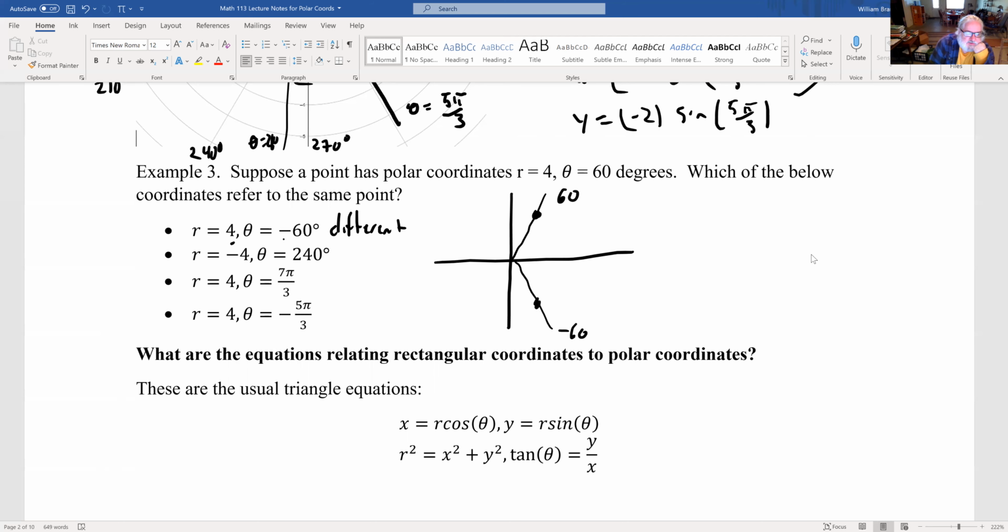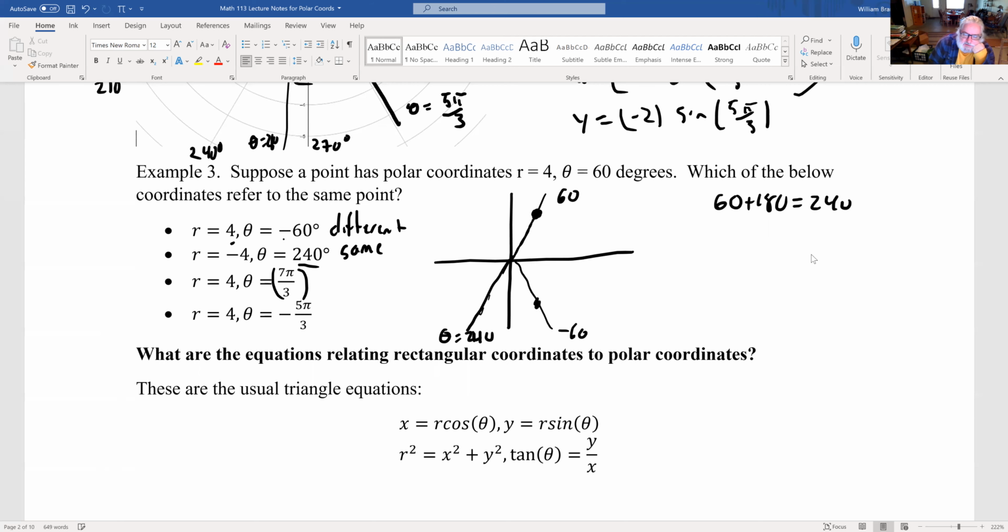R equals minus 4, theta equals 240. Well, 60 plus 180 equals 240. So the theta equals 240 axis is in this direction. If we want to go minus 4 in the theta equals 240 direction, that means going up this way, which means we end at the same point. So this is the same thing.